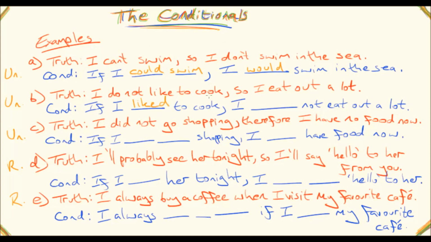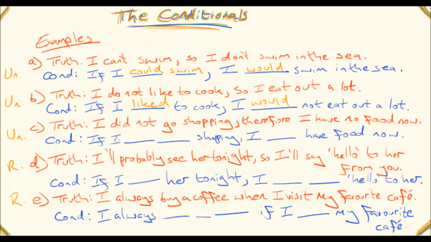If I liked to cook, and again it's an unreal conditional, so we're going to have if on one side and would on the other side. Now, would here is followed by not, and I know you're saying that's not a base form, but don't forget the rule is the next verb is going to be the base form. So not is just an adverb making this negative, and then we've got eat, would not eat out a lot.